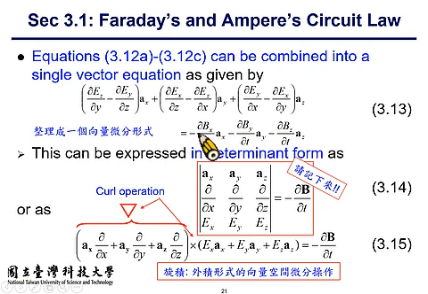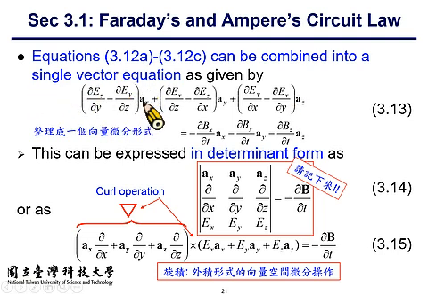To the right are the time derivatives of the magnetic flux density B in the x, y, and z directions. The left-hand side of equation 3.12 can also be collected as results in the x, y, and z directions.